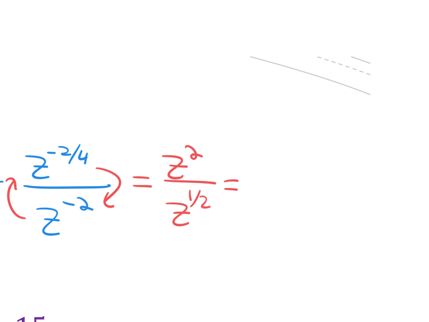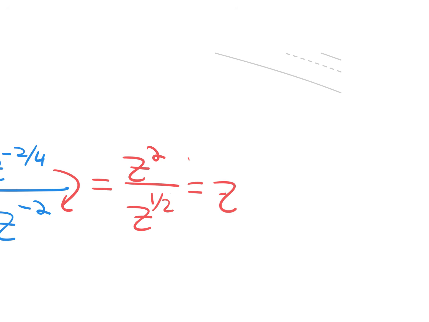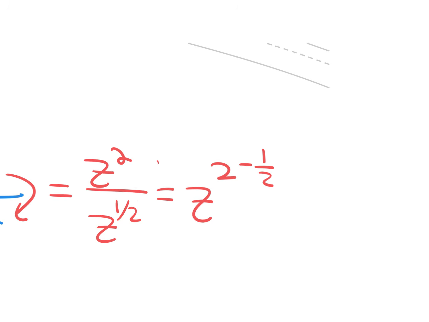And what can we do from here? We can subtract. Okay, subtract the exponents. So this is going to be z to the 2 minus 1/2. What's wrong with that? They don't have common denominators. How do we get them to have common denominators? Good, multiply by 2 over 1, and I'm going to do times 2 times 2.